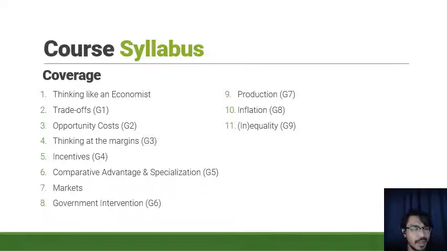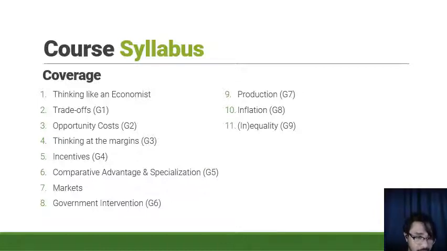So, gaining a firm understanding of these concepts and how they're applied is essential. Week 5 is about incentives, so rational choice and human behavior, right? Week 6 is about comparative advantage and specialization. We'll be tackling this from a lens of trade and understanding trade within that context.